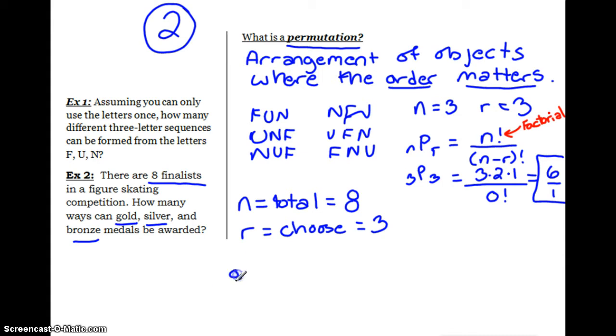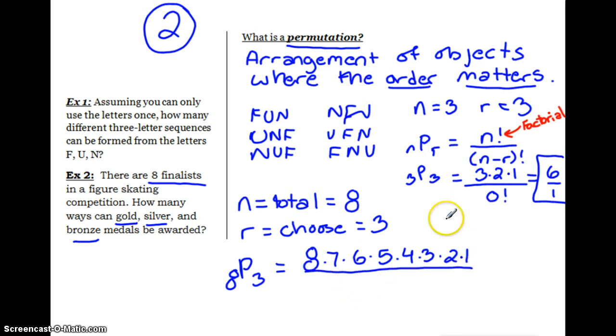We're going to say 8 permutation 3 is n factorial, which is 8 factorial. So that's 8 times 7 times 6 times 5 times 4 times 3 times 2 times 1. And I'm going to put that over n minus r.